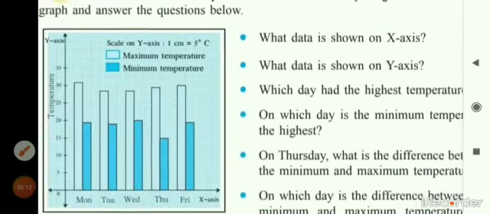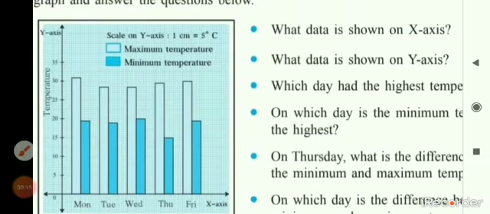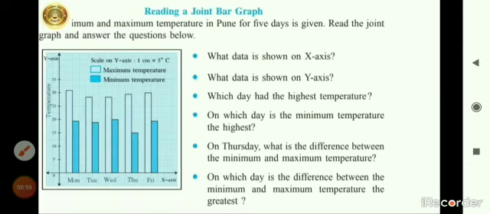Next question is, on which day is the difference between the minimum and maximum temperature the greatest? So let's again see the graph. You have to find the day on which the difference between the maximum and minimum temperature is more. On Monday the difference is 31 degrees and near about 19.5 degrees. Then Tuesday, Wednesday and Thursday. You can observe here, on Thursday the difference between the two bars, maximum temperature and minimum temperature, is more. So the answer for your last question is Thursday.